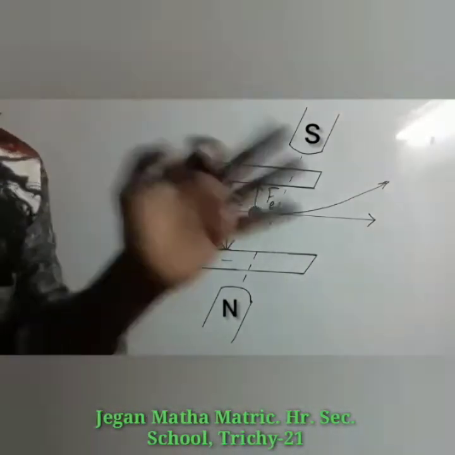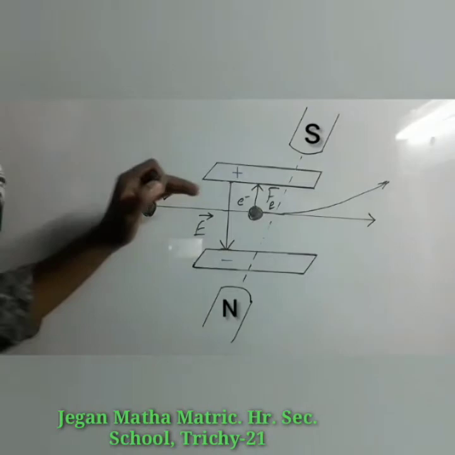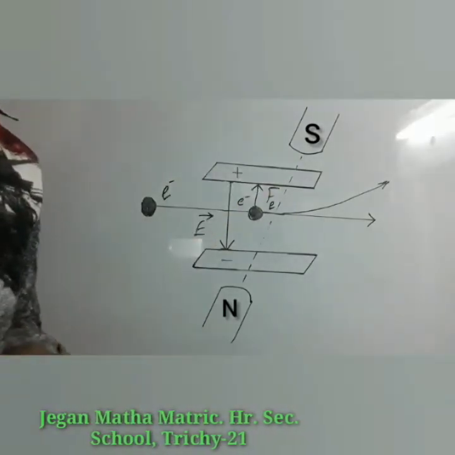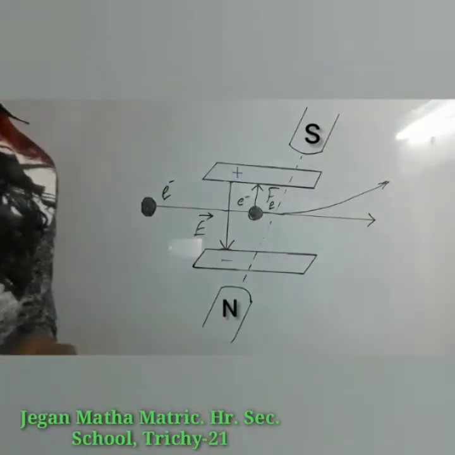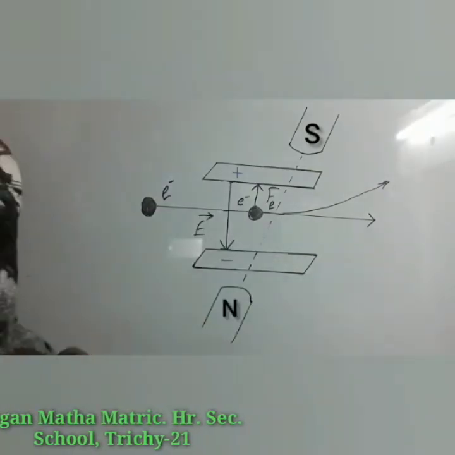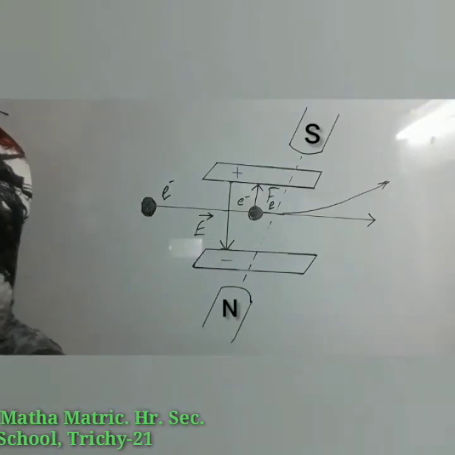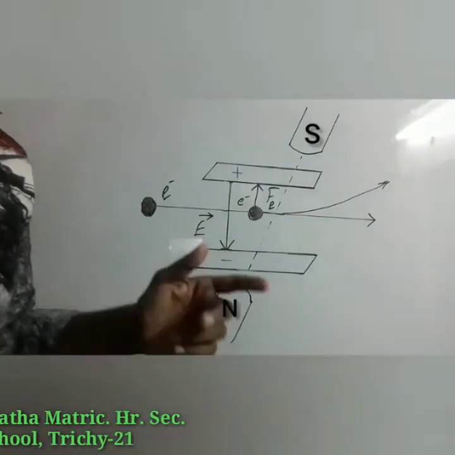Now forget the electric field, there is a magnetic field. Inside the magnetic field, an electron is going to enter. This time also it is going to experience a force, which is known as the magnetic Lorentz force. Now we have to find the direction of that magnetic force. For that we have to use Fleming's left hand rule.